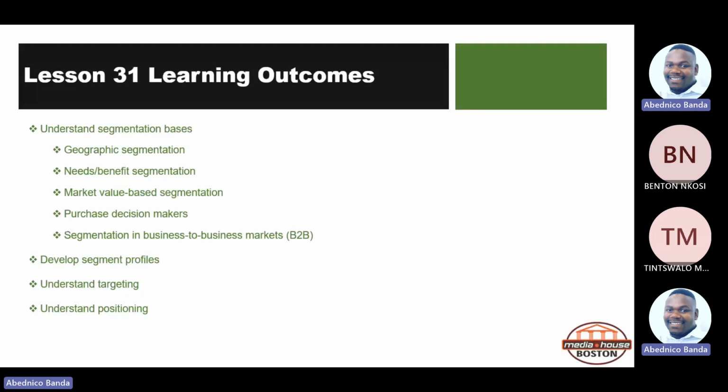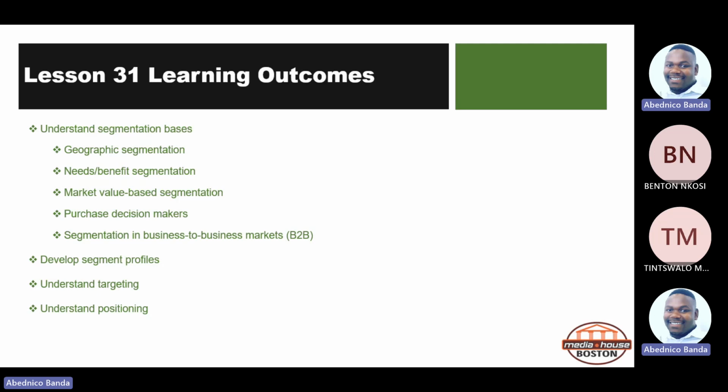So today we are going to talk about segmentation basis: geographical segmentation, needs or benefit segmentation, market value-based segmentation, purchase decision makers segmentation, business to business markets. We are also going to talk about developing a segment profile. Remember, question 3.2 talks about you creating a segment profile. Then understanding targeting and understanding positioning.